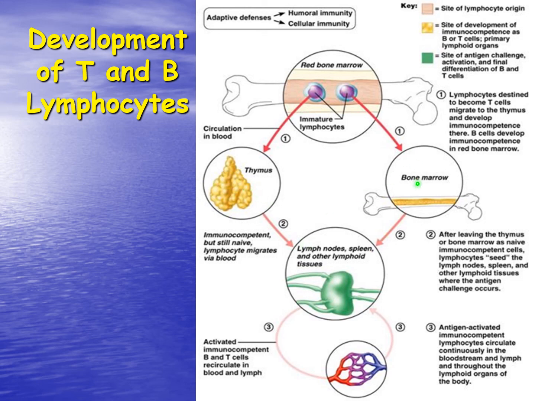The B cells will leave the bone marrow and go into circulation, and oftentimes both will then take up residency in the secondary lymphoid tissue, which includes lymph nodes, the spleen, and any other lymphoid tissue out there. So we can say that the red bone marrow and the thymus gland are what we call primary lymphoid tissues, and everything else is a secondary lymphoid tissue.